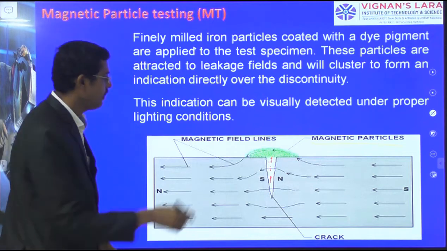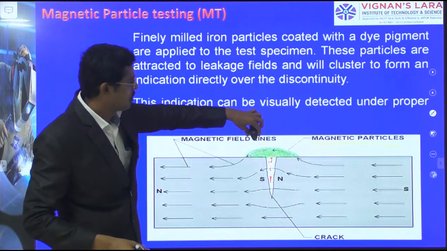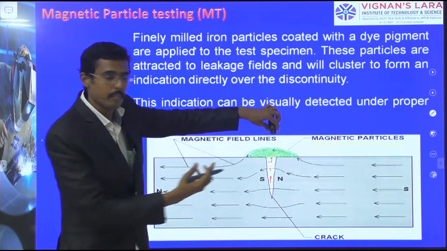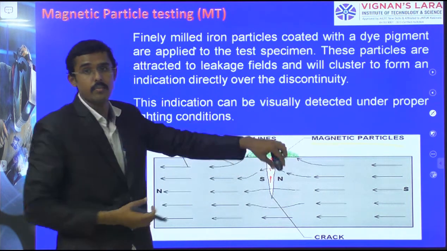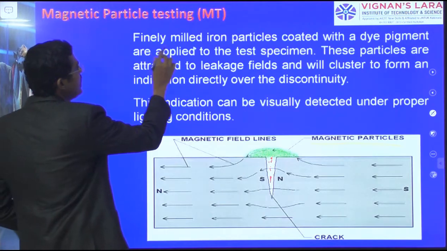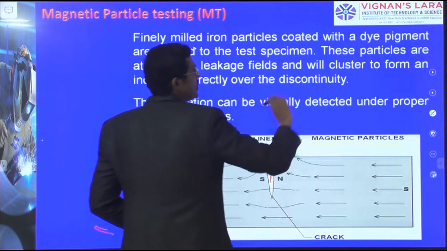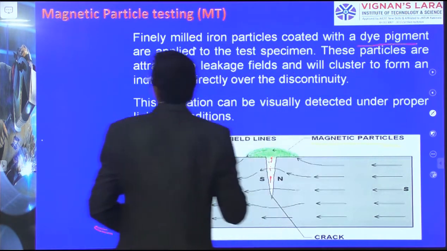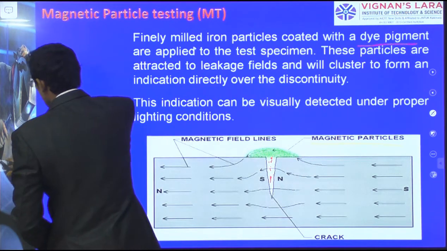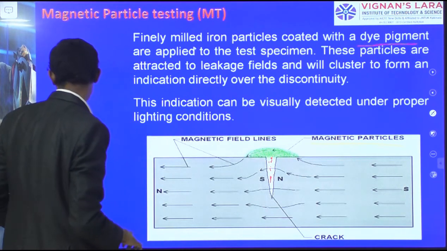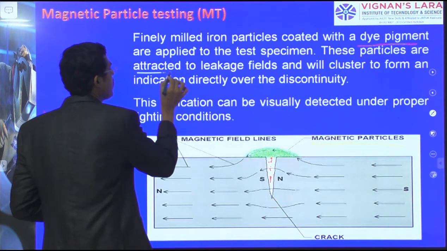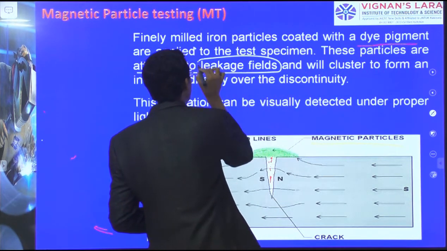Now, when the yoke is kept here to measure this, it will be indicated that the particles are attracted to accumulation points, and we can understand. Finely milled iron particles coated with a dye pigment are applied to the test specimens, and these particles are attracted to the leak field.